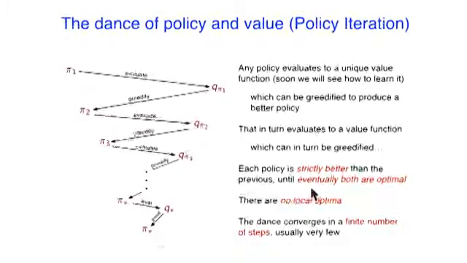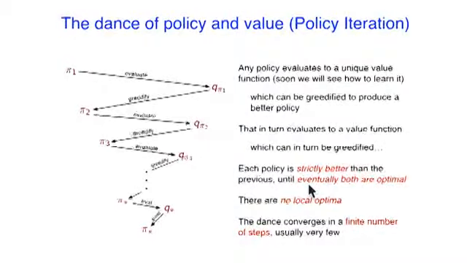Okay? So the guarantee is that each policy is strictly better than the previous until the time comes when they're both optimal. And there's no way you can get stuck in a local optimum because we're using tables and arrays and exact computations. We're not doing neural networks or some kind of function approximator.